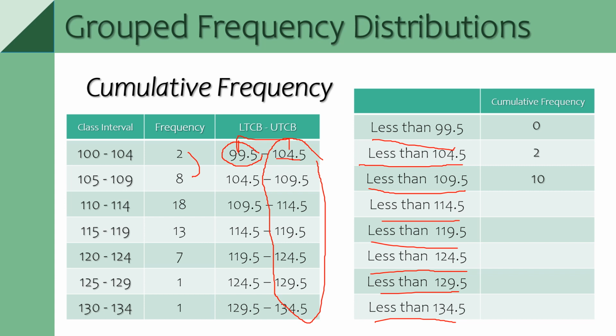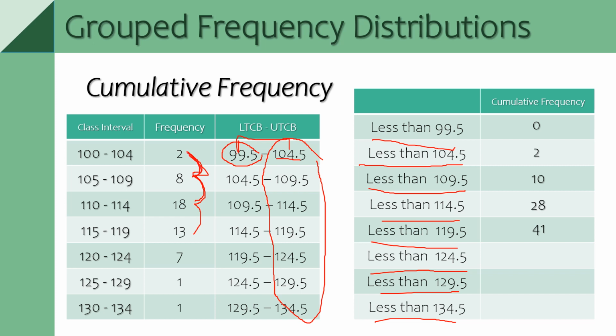Next, how many are less than 114.5? So, 2 plus 8 plus 18, so we have 28. So, how many are less than 119.5? So, 2 plus 8 plus 18 plus 13, so we have 41. 28 plus 13, we have 41. And then, how many are less than 124.5?